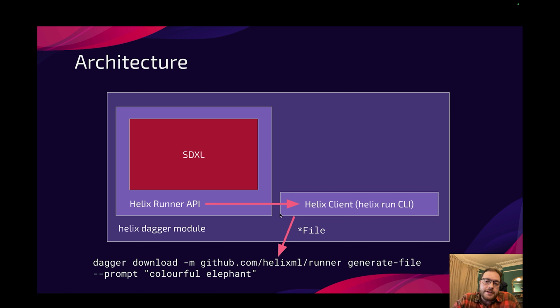It would also be really nice if you could keep the model weights in memory across invocations of Dagger. And I noticed that there was something in the documentation about services having a grace period. So if you call a service twice within 10 seconds or something, it will reuse the same service instance, because they're designed for long-running database processes and things. So it's a little bit like this use case.